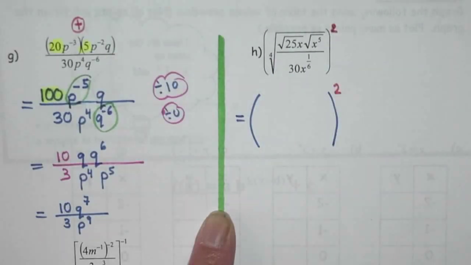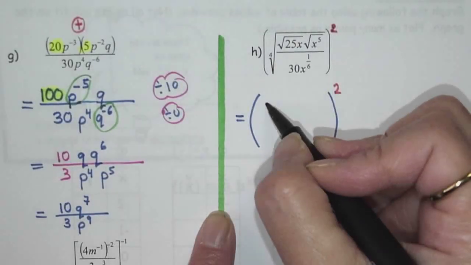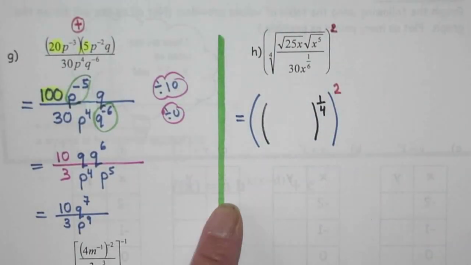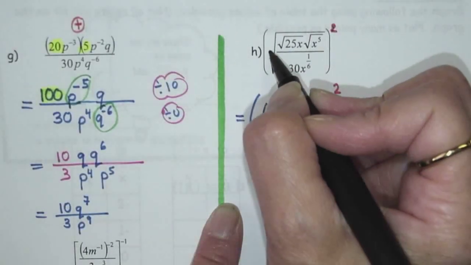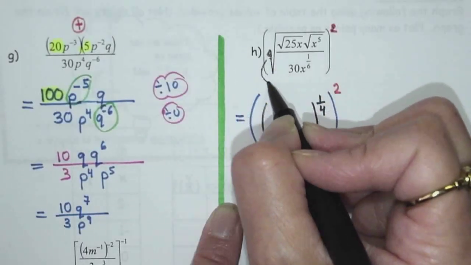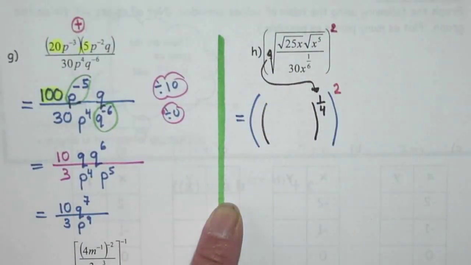This 4th root is to the power of 1/4. Good. So I'm going to put 1/4 there, and 1/4 on that one too.